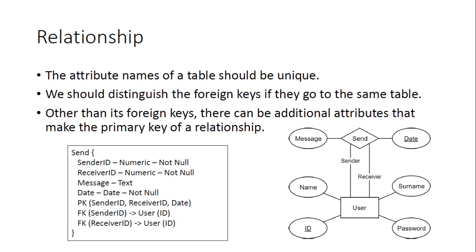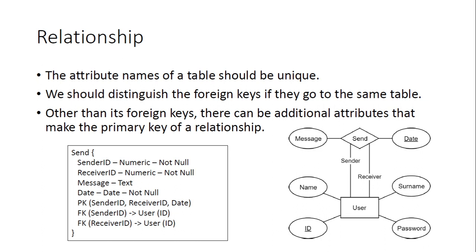Sometimes the relationship could be connected to the same entity set, to the same table multiple times. So in the ER diagram description from lab number 1, we had such a case. And like we discussed before, for sending messages, the message could be an entity set itself.